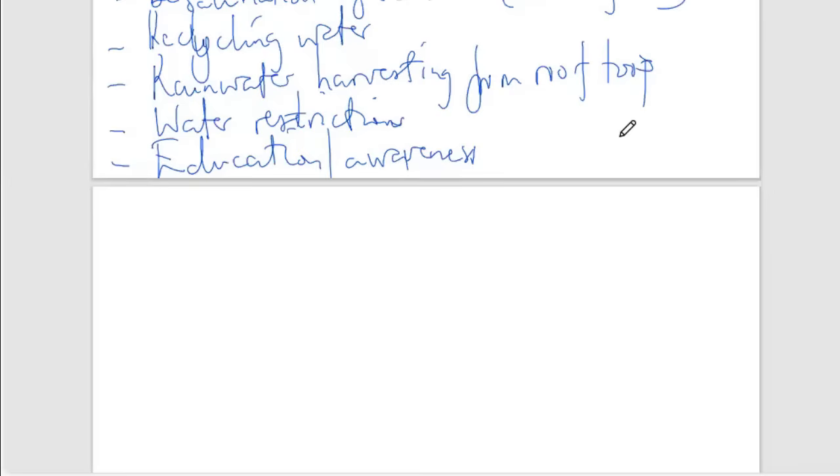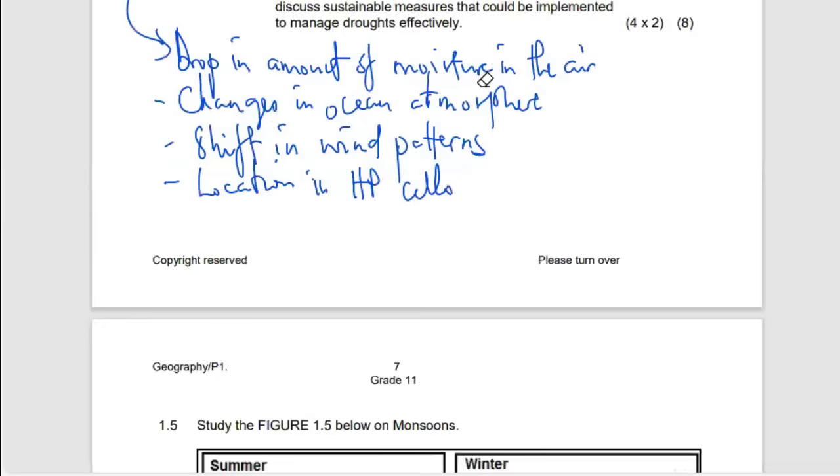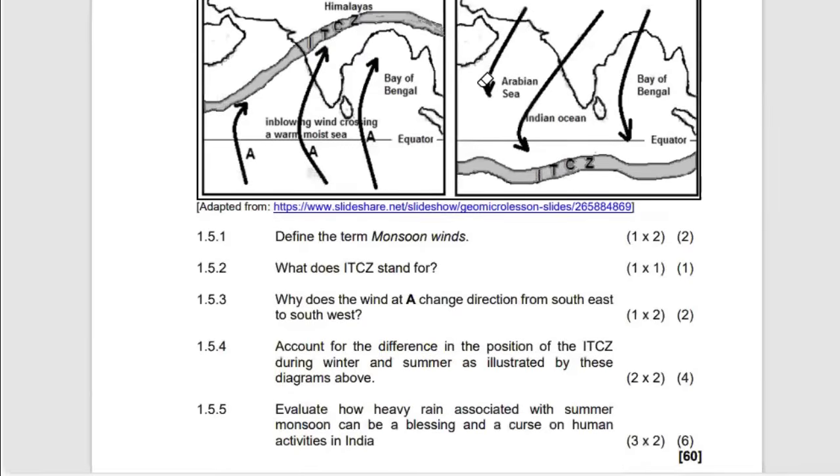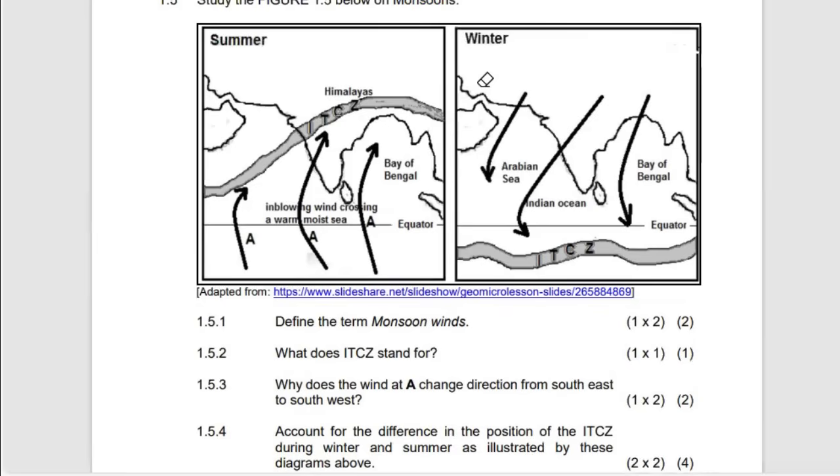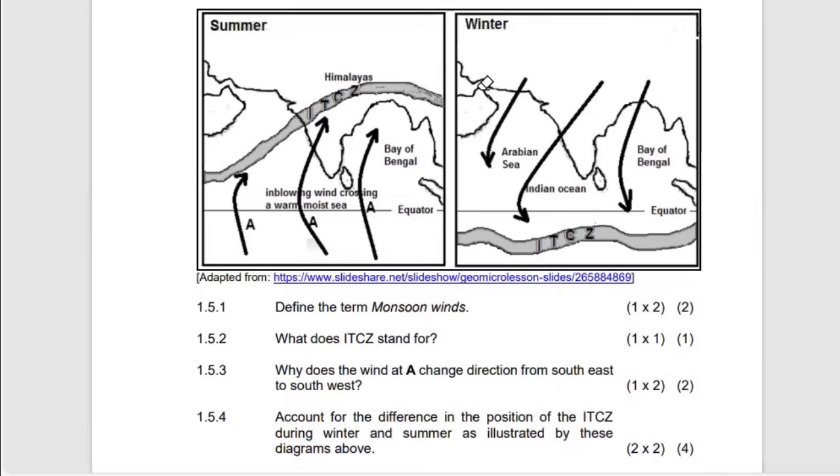We need to move on to the other part of the question and try to figure out how we can answer that particular question. We are taking it to question number 1.5. Question number 1.5 is based on the monsoon wind. Right, it says define the term monsoon.